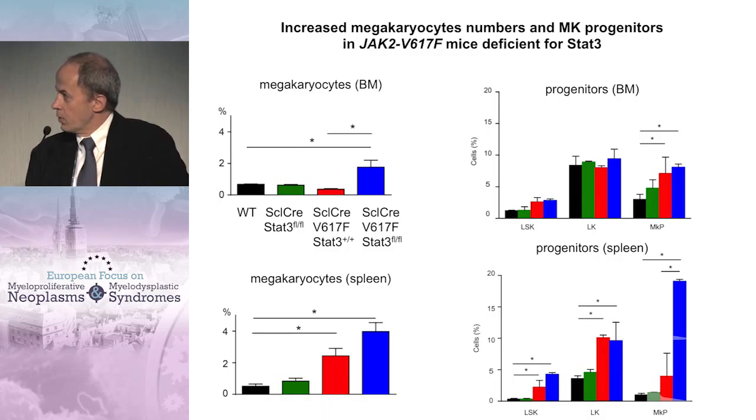The changes in the compartments were that the megakaryocytes were increased in the STAT3 knockout mice, and in particular, the megakaryocyte progenitors in spleen were clearly much higher than in the presence of STAT3.